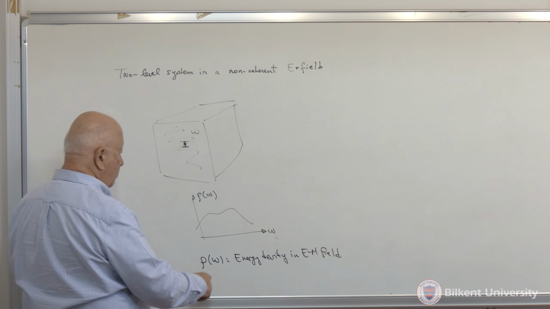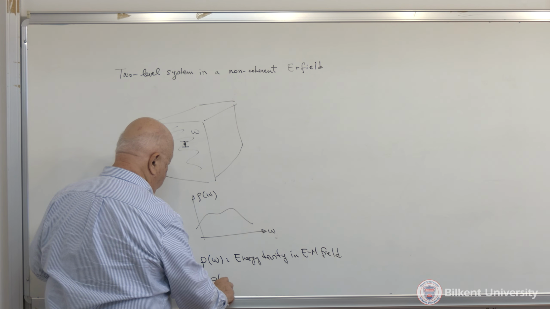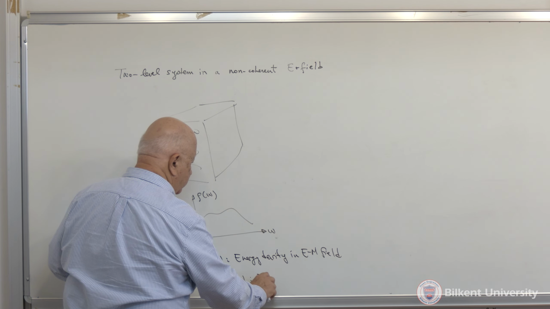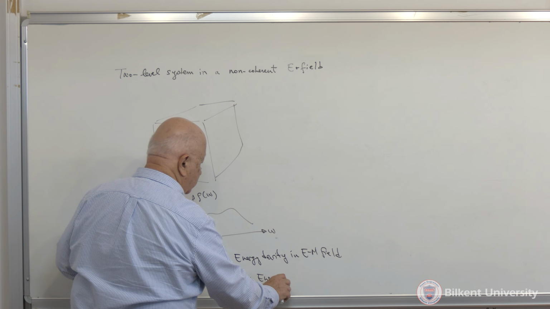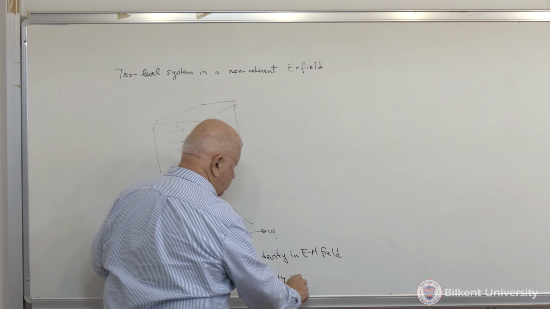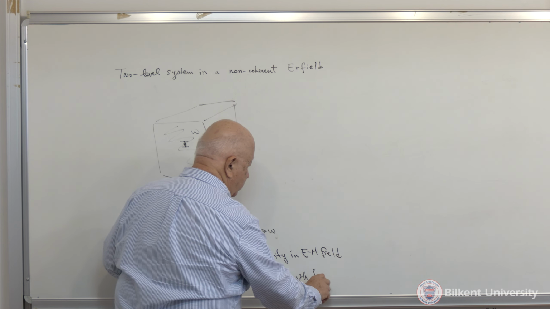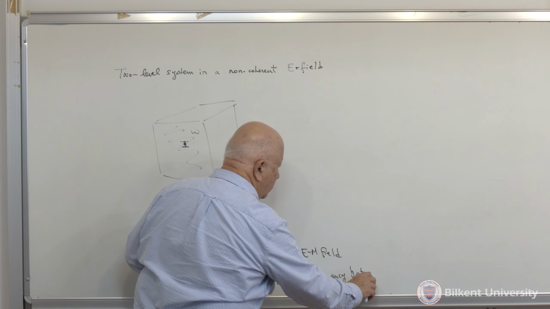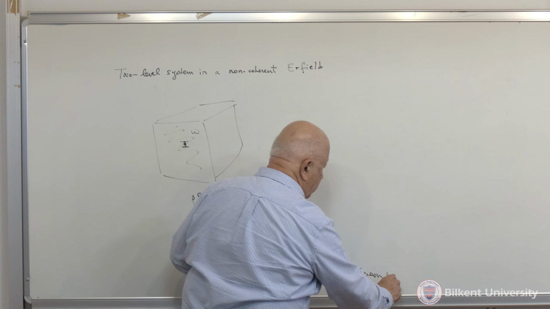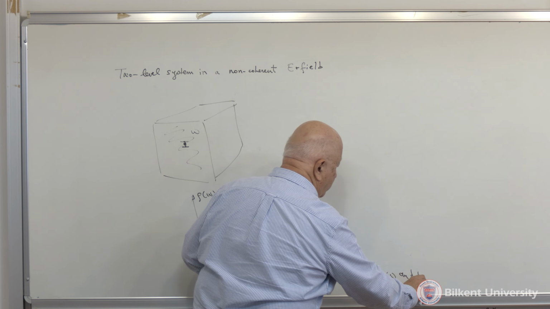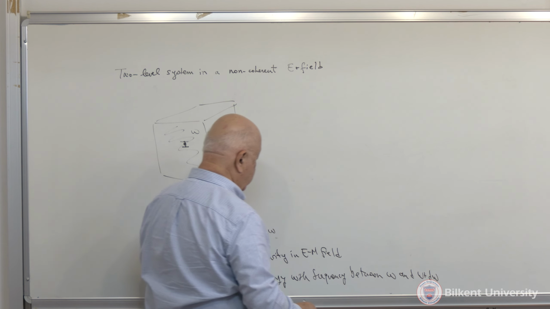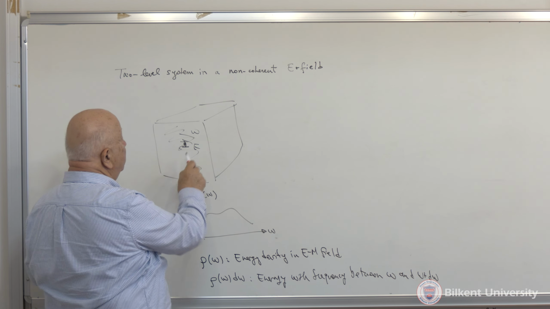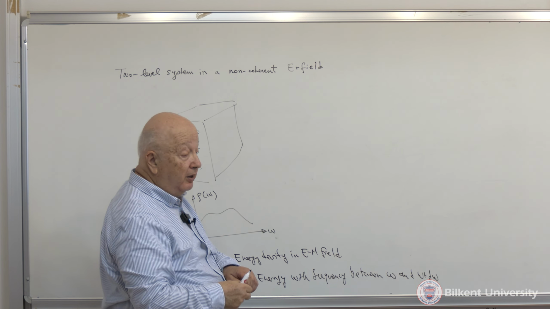So rho of omega d omega is the energy with frequency between omega and omega plus d omega. So I have some energy density here. It corresponds to lots of different types of electric field.